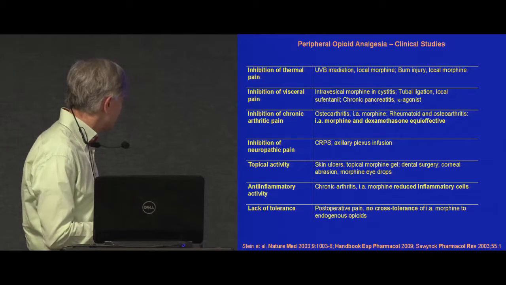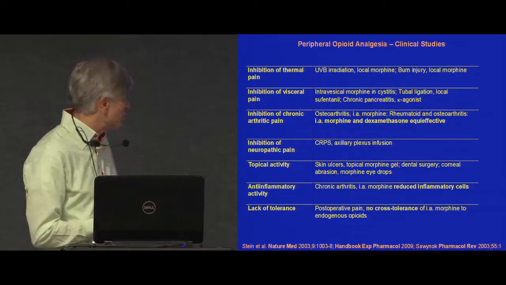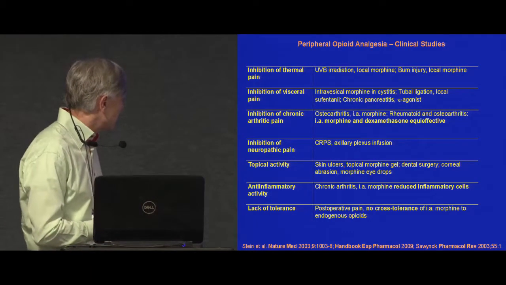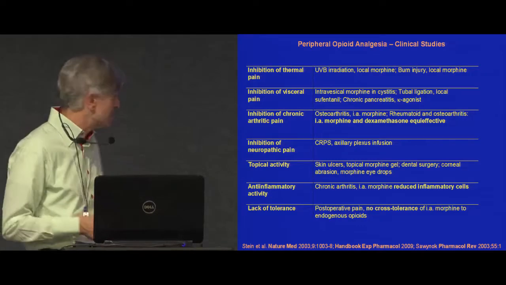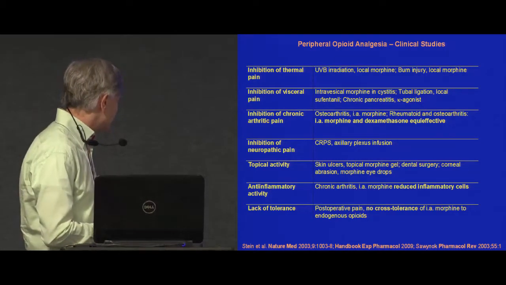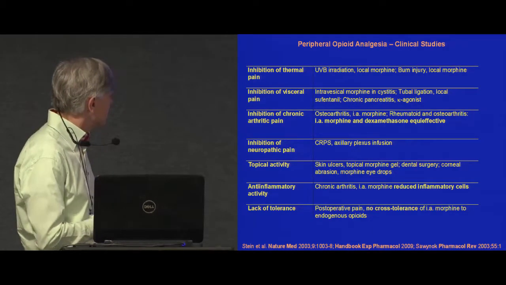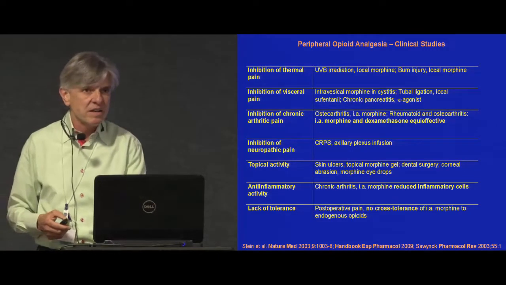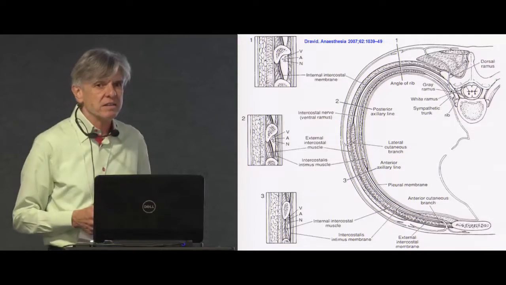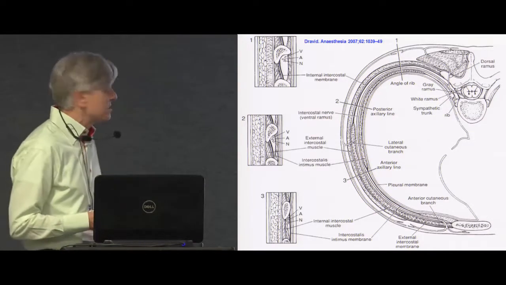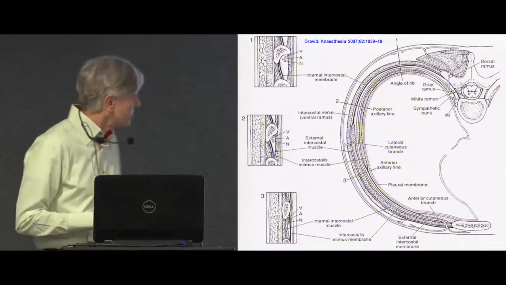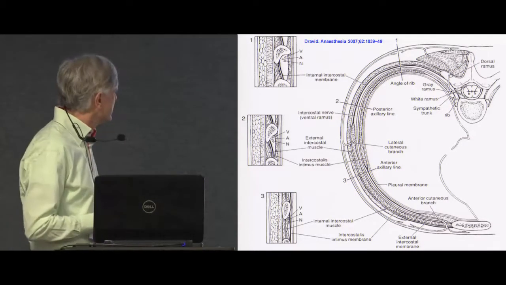There is one study that looked at local injections in chronic regional pain syndrome. There's topical studies, topical morphine in skin ulcers. There are many small studies. So there is a number of small studies that were all reviewed, and they all showed effects, but again, not very high patient numbers.